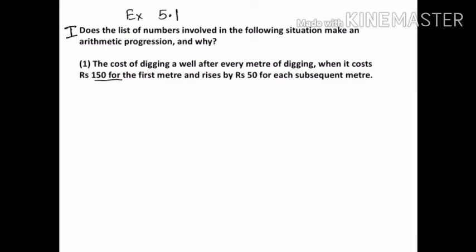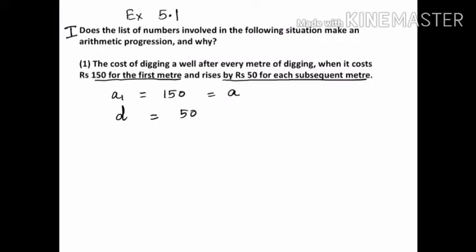For the first meter, the cost of digging is 150. So the first term of the AP is 150, which is A. The cost rises by 50 for each subsequent meter. So the increase in the cost is represented by the common difference D, that is 50.